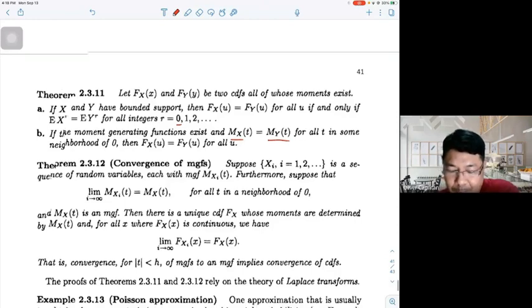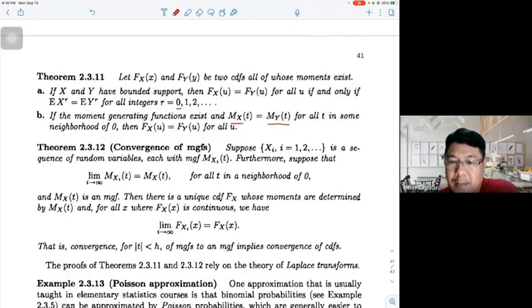Sa letter B, hindi siya biconditional statement. We have only a conditional statement. If the moment generating functions exist and they are equal for all t in some neighborhood of 0, then the implication is that the CDF of x evaluated at u should be equal to the CDF of y evaluated at u.